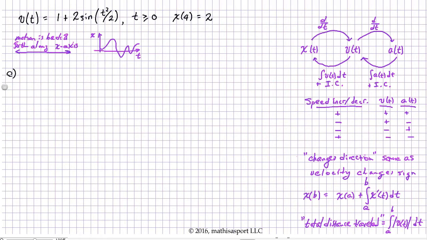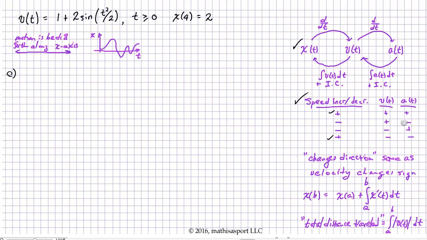They want to know whether the speed is increasing or decreasing. Now we've made use of this concept diagram, and speed increasing and decreasing requires a table or something similar here. And that is, when velocity and acceleration are both the same, either both positive or down here both negative, then we have increasing speed.